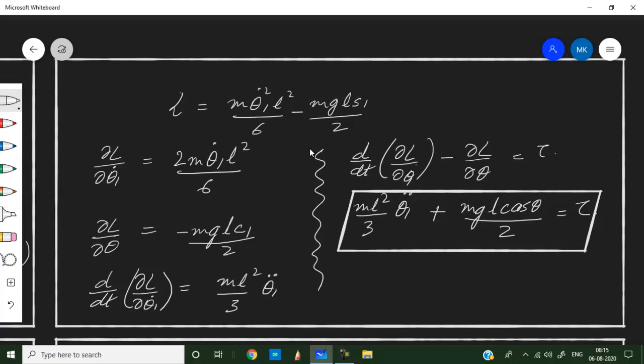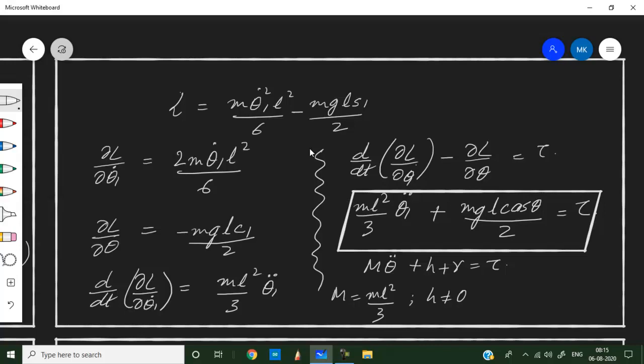So if we represent this as M theta double dot plus H plus gamma is equal to tau, in this case we have capital M equal to ml square by 3. H is not here because we don't have centrifugal and Coriolis effects in a single link system.